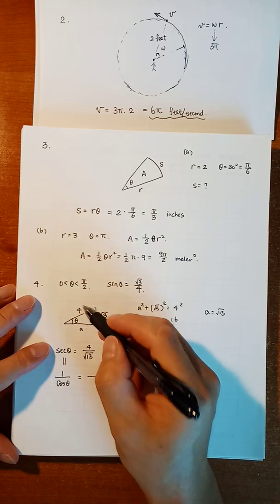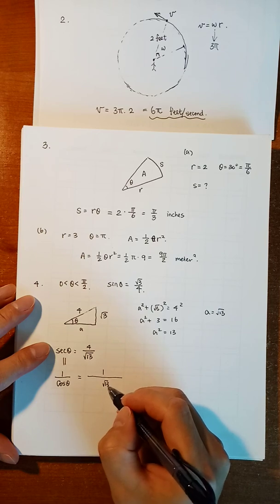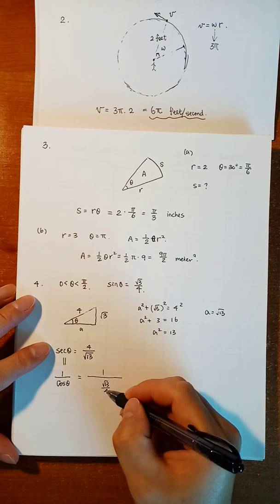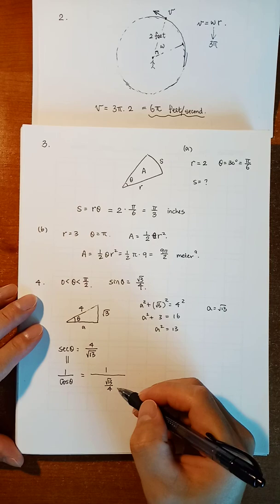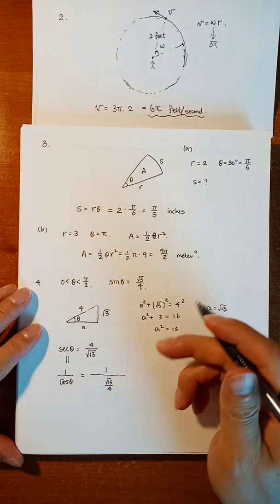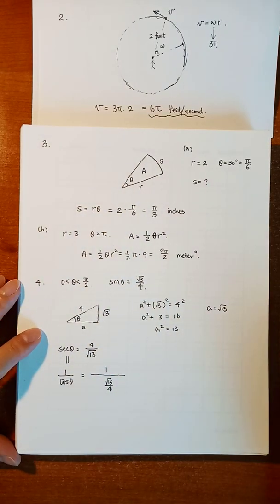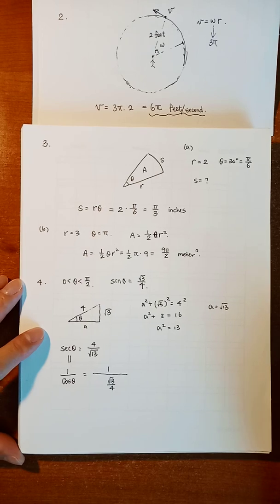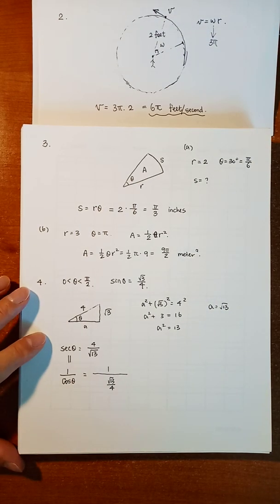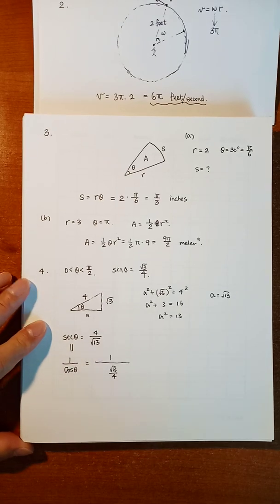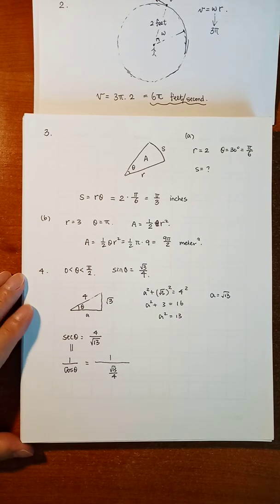Cosine is adjacent over hypotenuse. So 1 over square root of 13 over 4 means you're going to flip it. So you get 4 over square root of 13. So secant theta is 4 over square root of 13. Right?